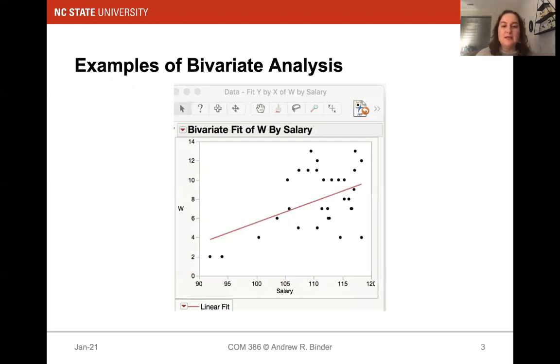So with that being said, here is our first example of a bivariate analysis. This will appeal to any football fans, especially of NFL teams. Here we have information regarding total team salaries and the number of wins they have.